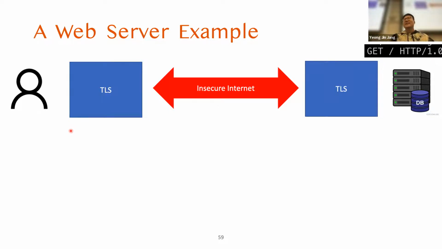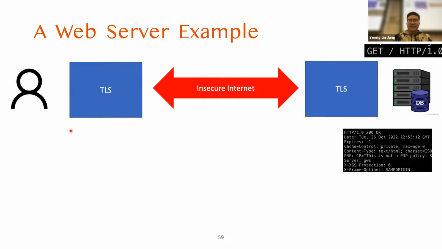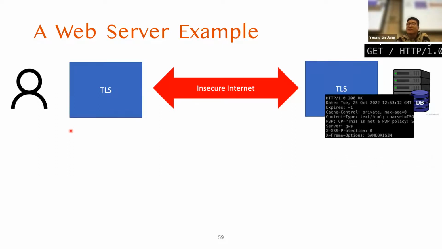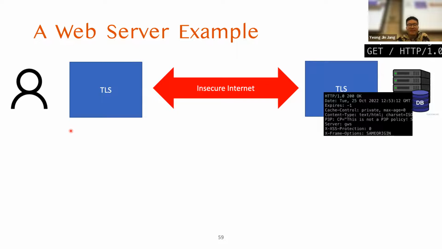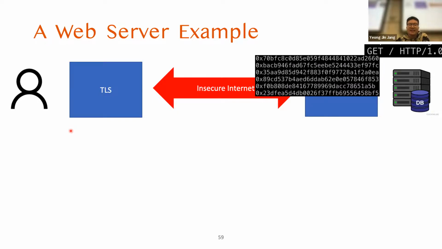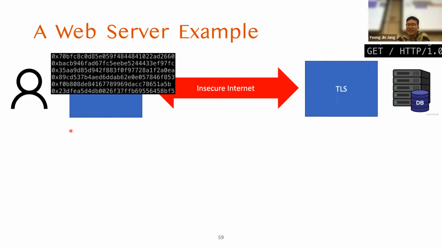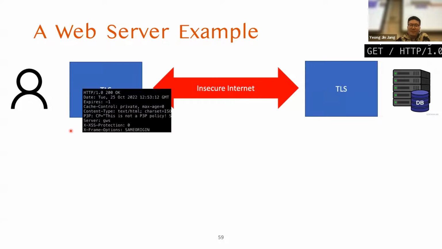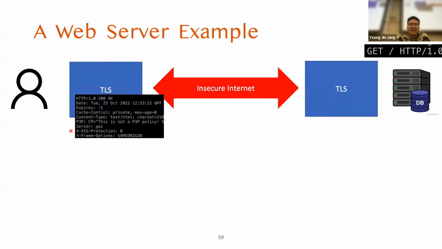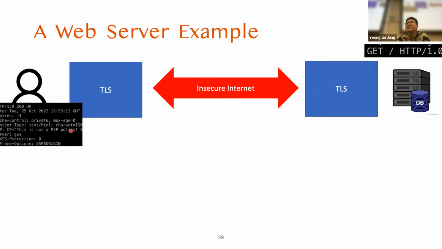Their behavior never changes whether there's encryption or not. And then the result goes over the same path in reverse, encrypted, over the insecure internet, and will be decrypted at the TLS module and made available to the user application.